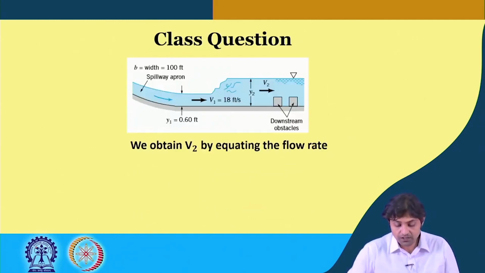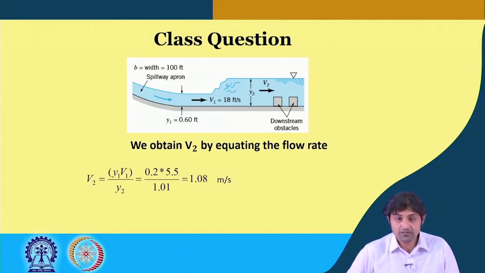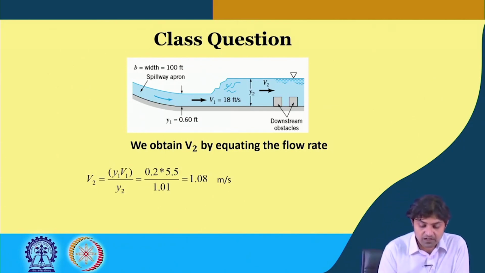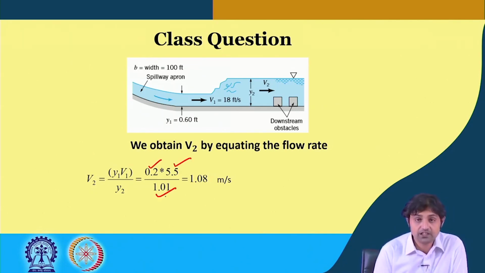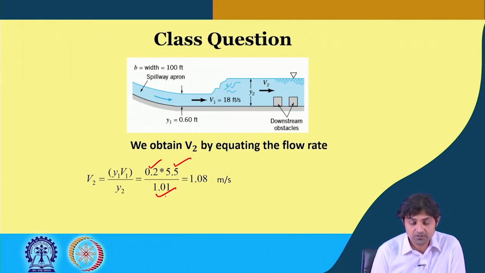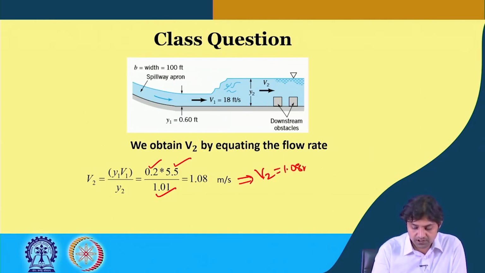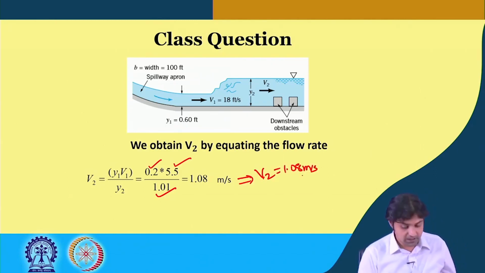Now, the way we obtain V2 is by equating the flow rate. So, A1 V1 is equal to A2 V2, B gets cancelled out. So, V2 will be V1 y1 divided by y2. y1 was known from before, V1 was known from before, y2 we just calculated using the y2 by y1 equation of hydraulic jump. So, V2 comes out to be 1.08 meters per second, all right.